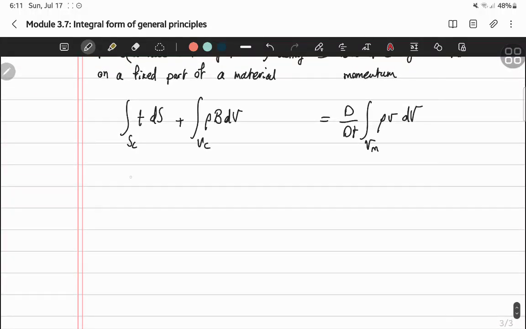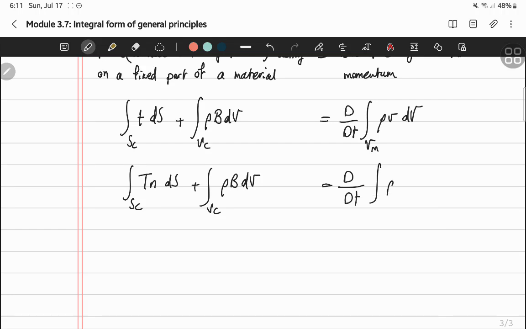So instead of t, I can write T n dS on Sc plus the integral of rho b dV over Vc. This is equal to d/dt of the integral of rho v dV on Vm.